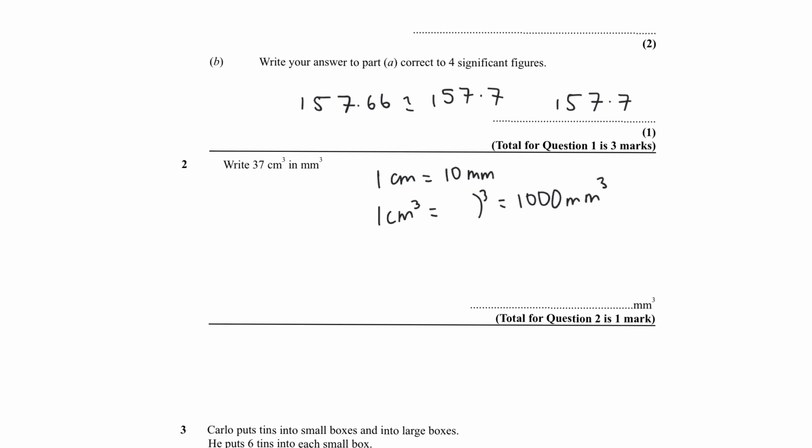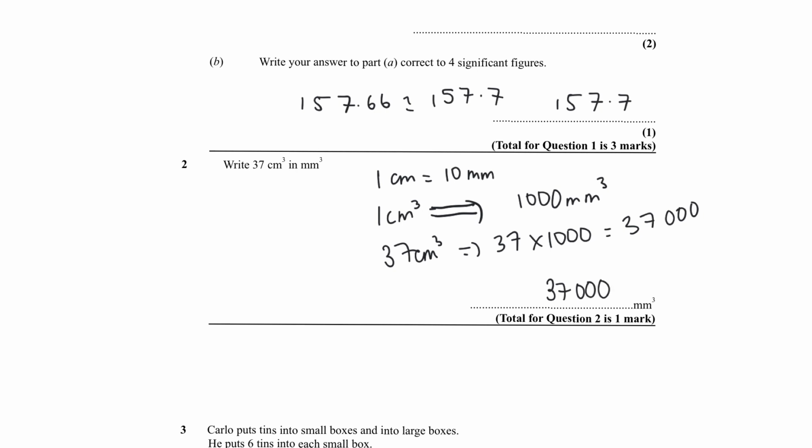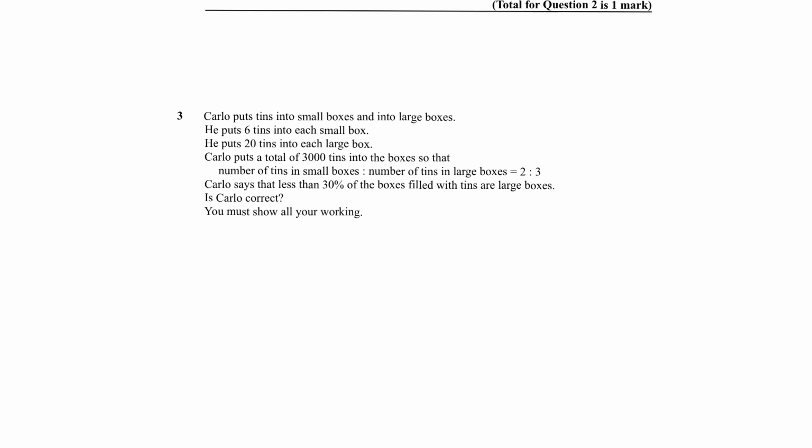So we know that, therefore, 1 centimeter cubed is equivalent to 1,000 millimeters cubed. So if you've got 37 centimeters cubed, you would do 37 times 1,000, and because it's a calculator paper, you can just put it in your calculator, and that would give you 37,000 millimeters cubed.